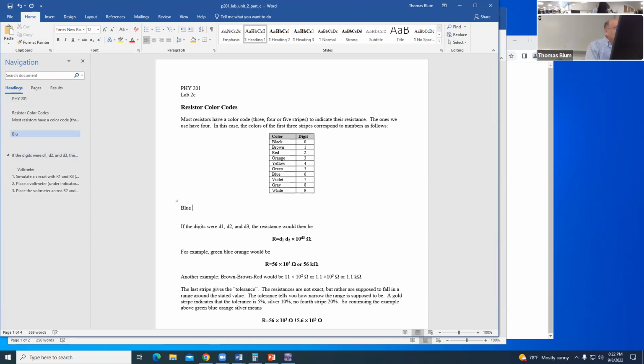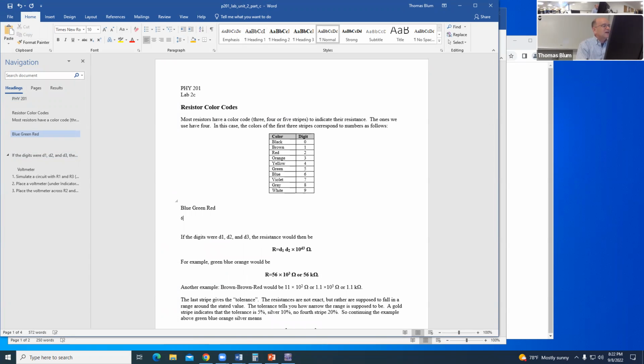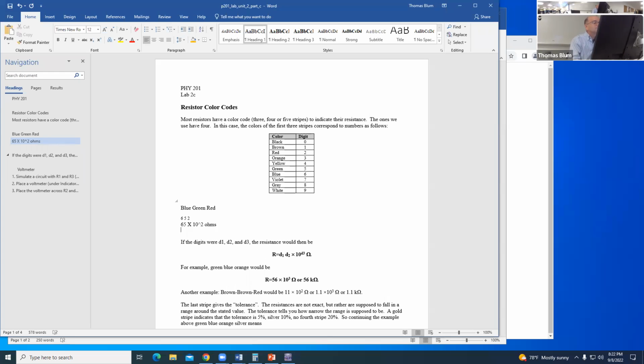So if it were blue, green, red, then the blue is a 6, the green is a 5, and red is a 2, so it's 65 times 10 raised to the 2, and that's ohms.